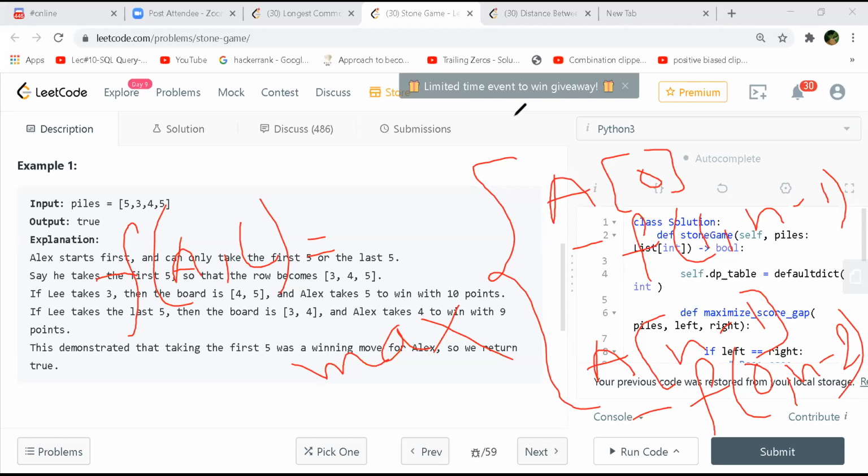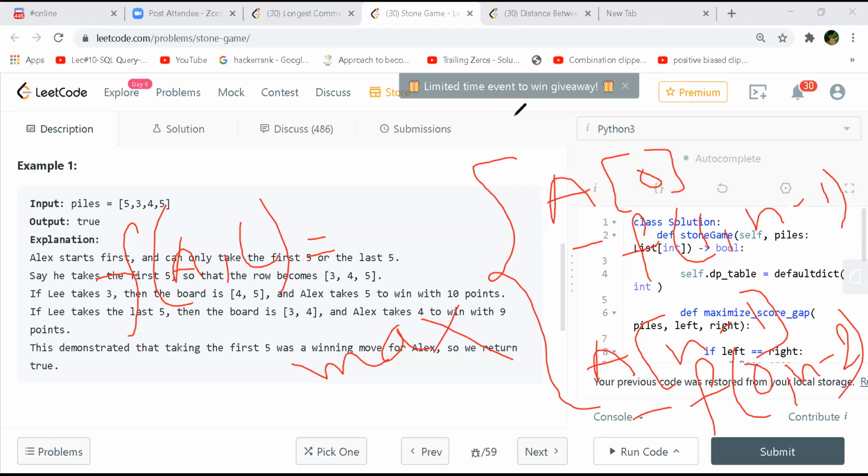Then the other player can take the last 5, and at this time the score is equal. Then if Alex takes 4, the other person will have to take 3. So that way Alex will win with 9 and 8. And in this question, Lee will never lose the match.